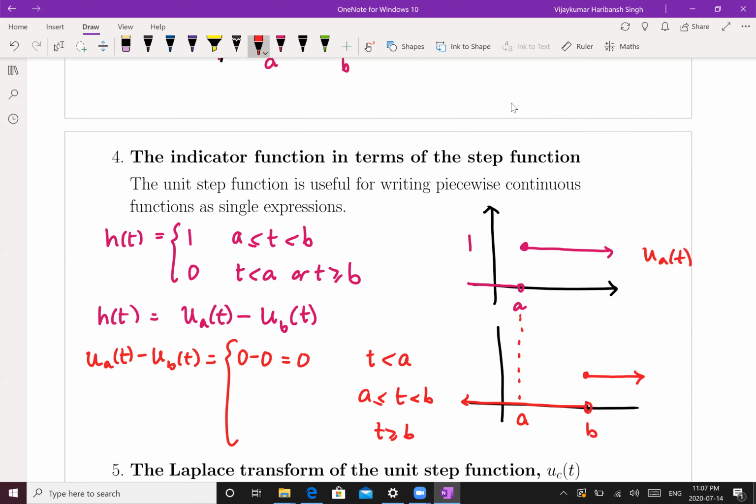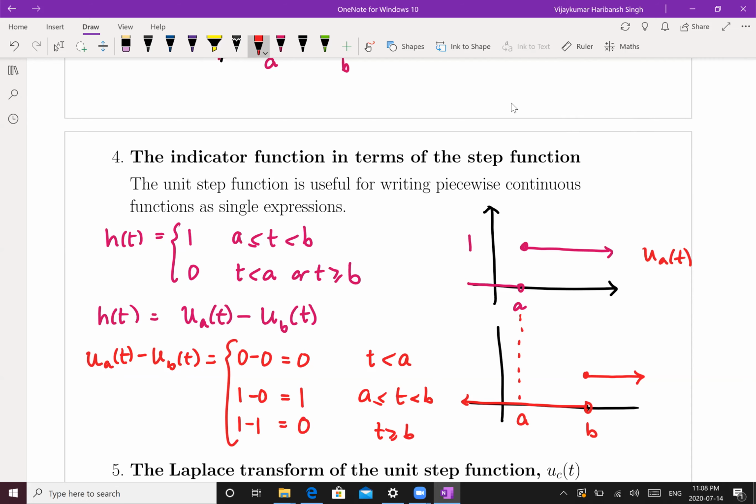My bad. From a to b, u a is 1 but u b is 0, so we get 1 minus 0, which is 1. And for t greater than or equal to b, both are 1, so 1 minus 1 is 0.